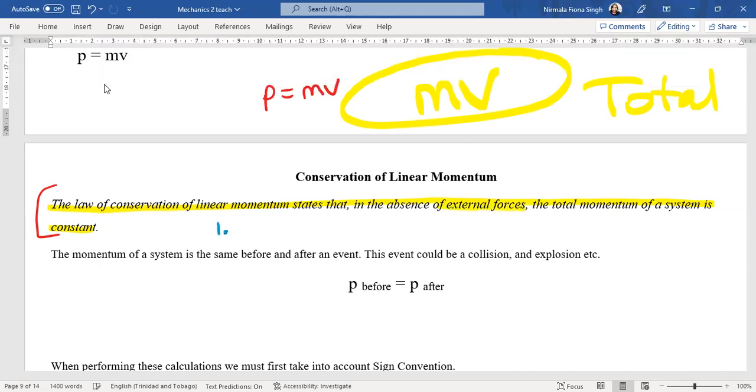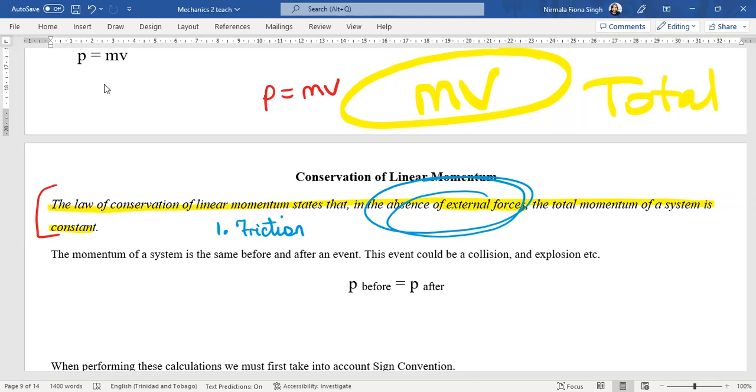Our number one culprit is friction. But luckily at the Form 5 level, we don't consider frictional calculations. So life is nice and simple. Our momentum before something happens is equal to momentum after something happens, when we don't have to consider any external forces interfering.